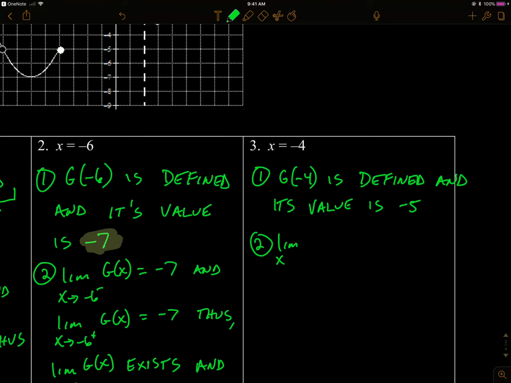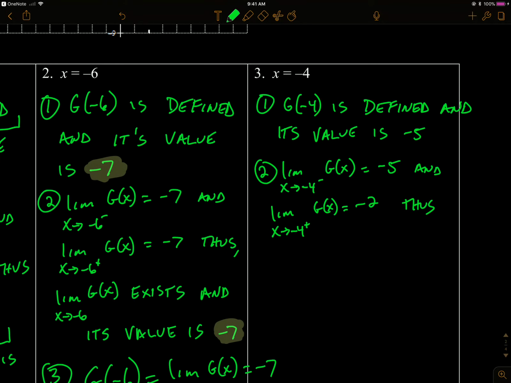The limit as x approaches -4 from the left of g of x is -5, and from the right is -2. Thus, the limit as x approaches -4 of g of x does not exist.